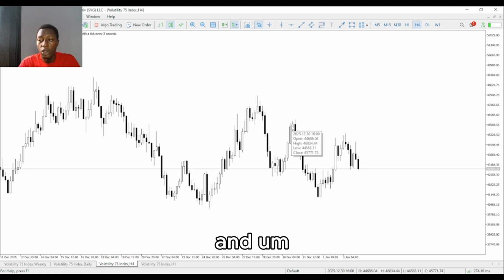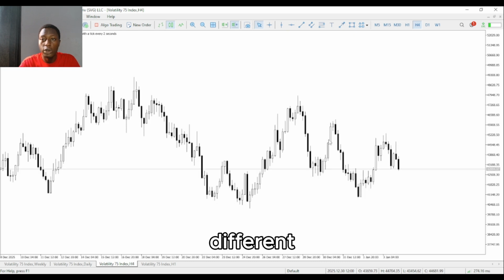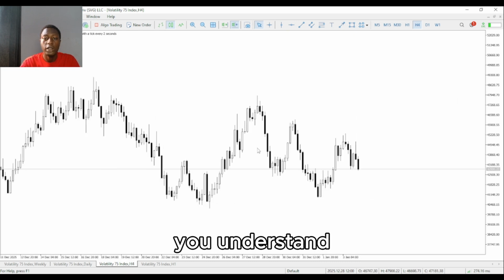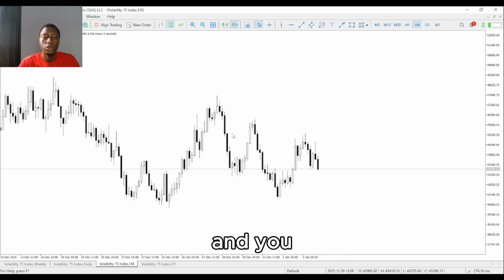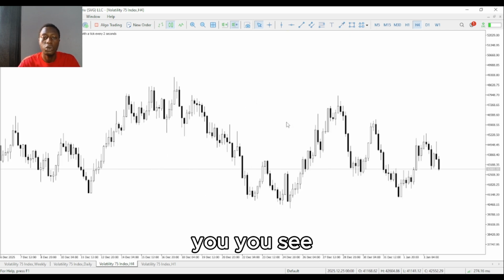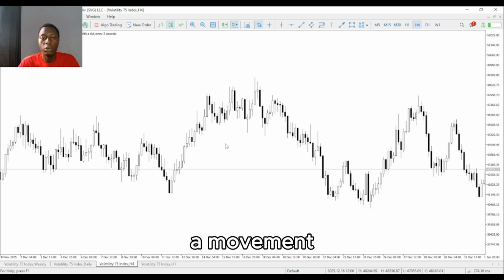This trend comes with different structure. So when you open your chart for the first time, you see three types of movement. You see where the market is going up, you see when the market is going down, and you see when the market is just ranging.